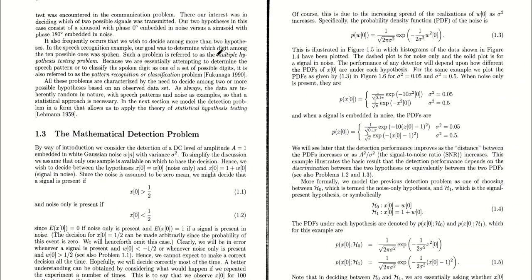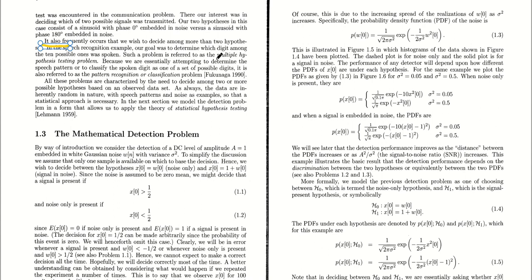Okay, so here it also frequently occurs that we wish to decide among more than two hypotheses. In the speech recognition example, our goal was to determine which digit among the 10 possible ones was spoken.